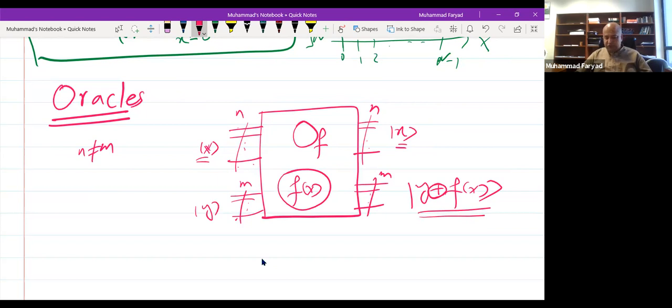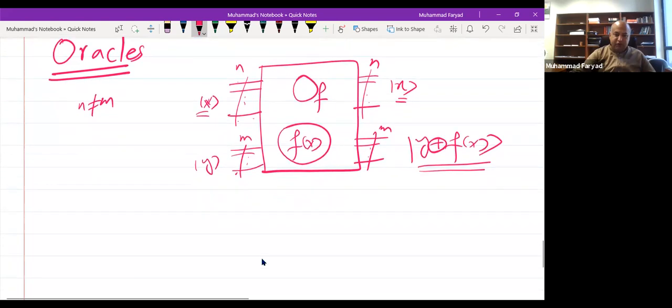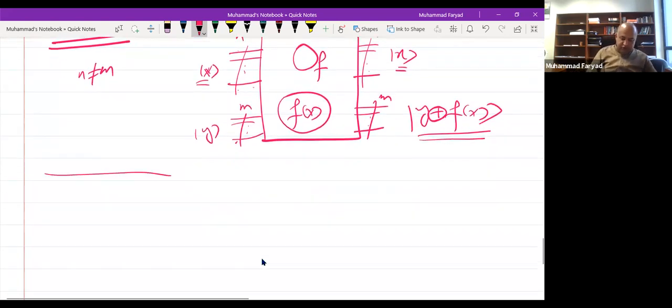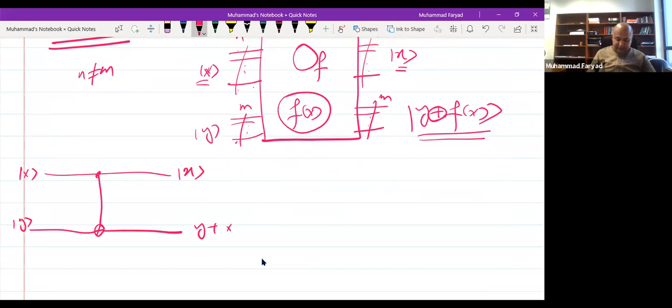Now you can see one thing very quickly here, that implementing this circuit in a quantum computer is not difficult, because you have this device called the control X gate. This control X gate is essentially an oracle, if you think about it, because the input x is sent out at the output, and the input y is XORed with x and given here.